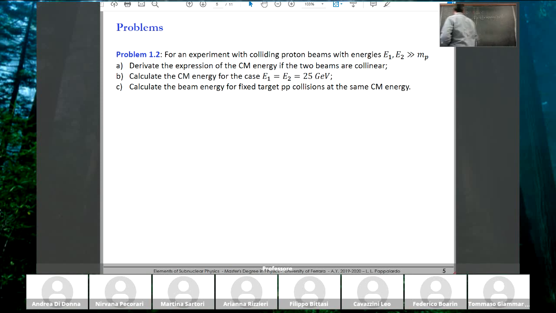Now we can collect these two. So this is EP squared minus EP squared plus MP squared plus twice MP times the energy of the proton. Again, this is the squared mass of the proton, so this is twice MP squared plus twice MP EP.